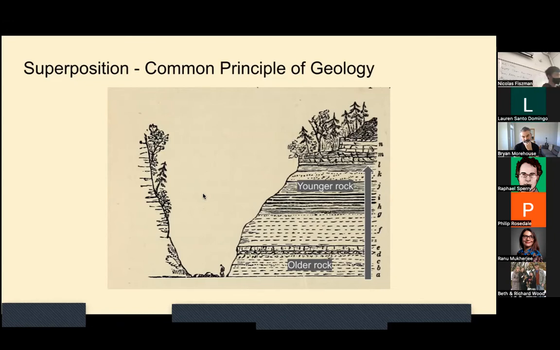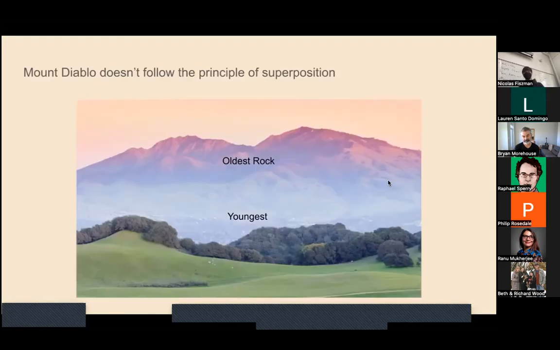However, there is one place we know that doesn't follow this rule of geology. And if you can guess, that place is Mount Diablo. The reason it doesn't follow the principle is because the oldest rocks are actually on the top, while the younger rocks lay near the bottom.